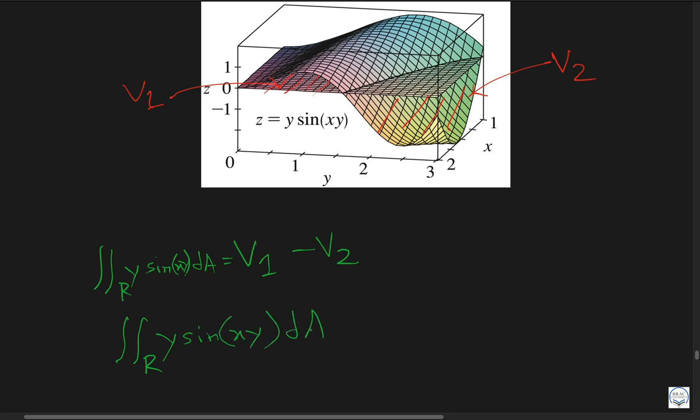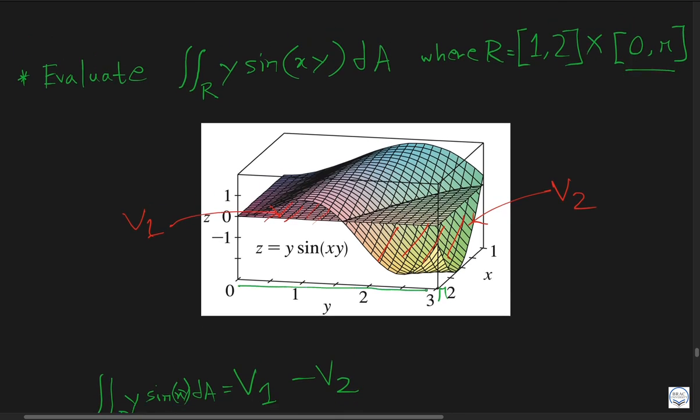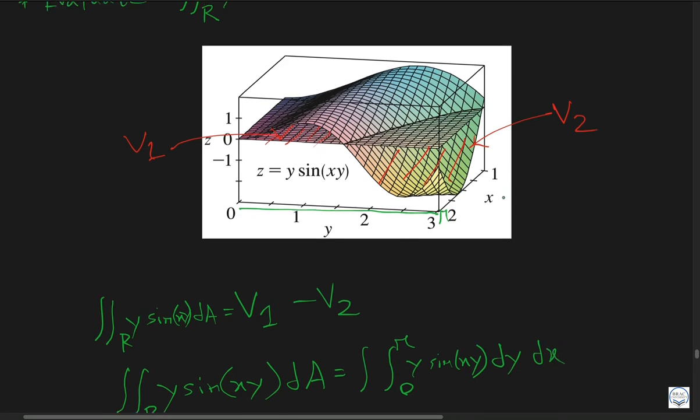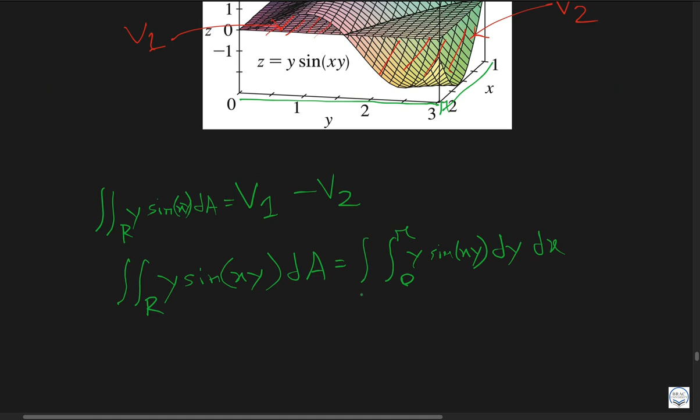First, let's see what happens if we try to integrate it with type 1 integration, meaning that we'll do the y integration first. y starts from 0 and ends at pi, so 0 to pi is our y limit. We do the y integration first, y sine xy, and then we do the x integration. x varies from 1 to 2.